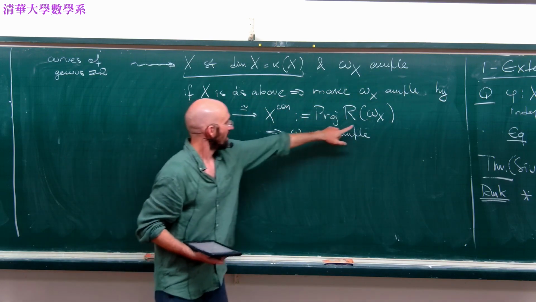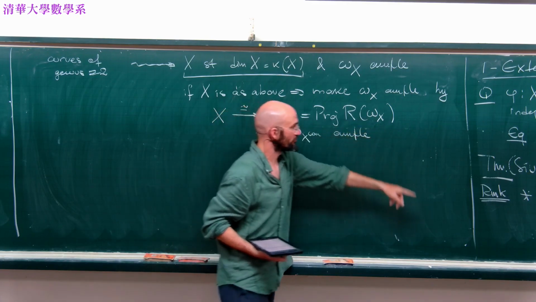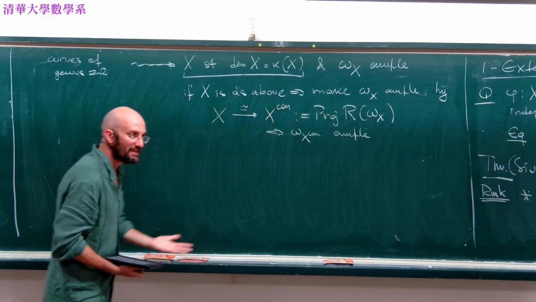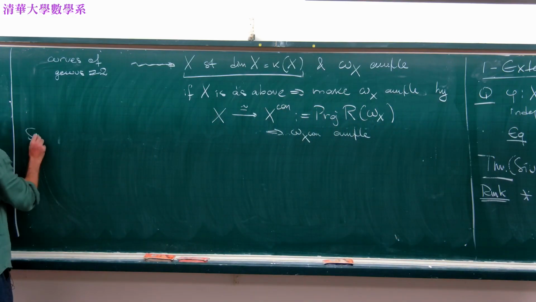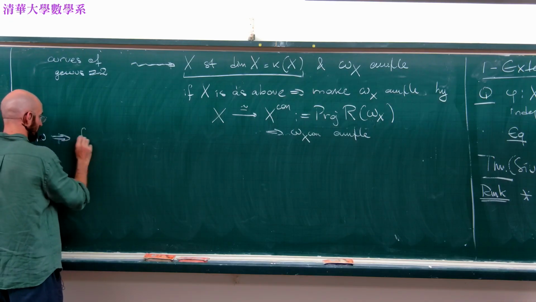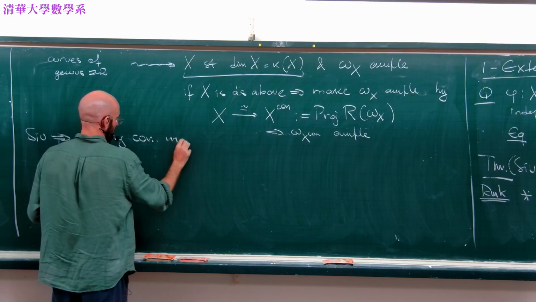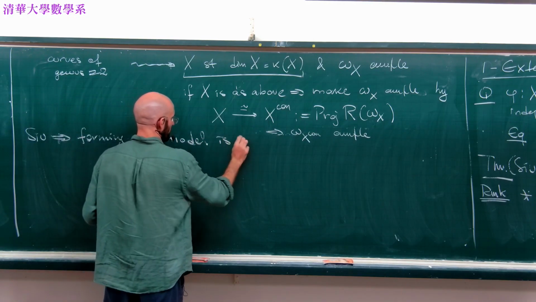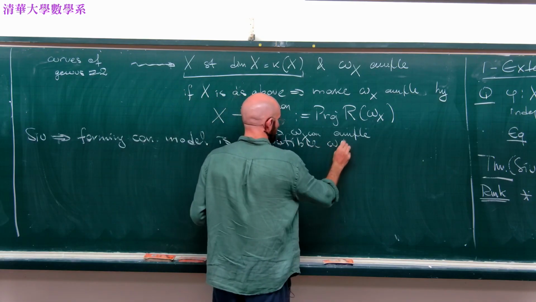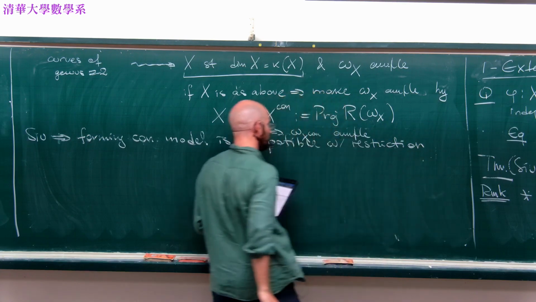Now, if you remember how this was defined, this is just the direct sum of all the spaces of global sections here. What Siu's theorem implies is that forming the canonical model is compatible with restriction. So what do I mean?